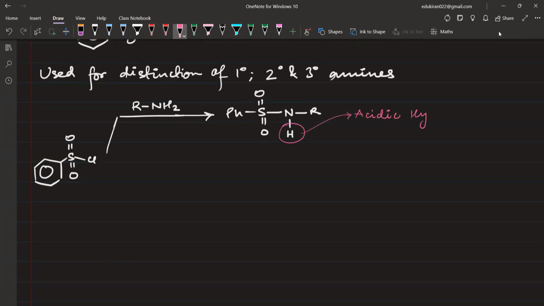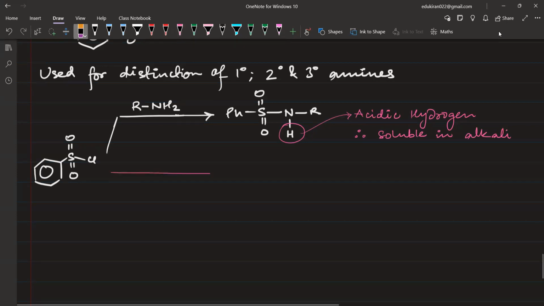Since it is an acidic hydrogen, it can easily break, and therefore it is soluble in alkali. If you have a basic solution, we can dissolve this in it because it will react with the alkali and form a negative charge, and charged molecules are generally soluble in alkalis. Okay. So this is the case of 1 degree amine. Because of the acidic hydrogen, it is soluble in alkali.